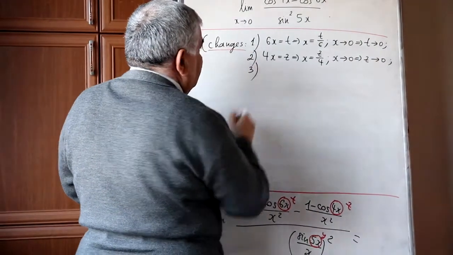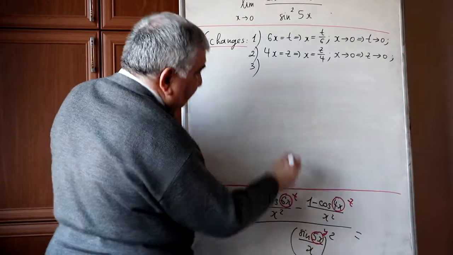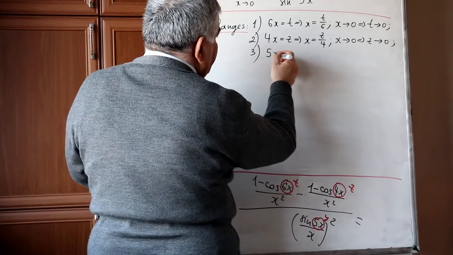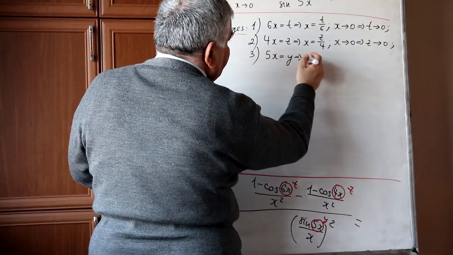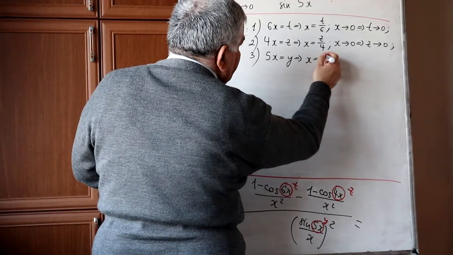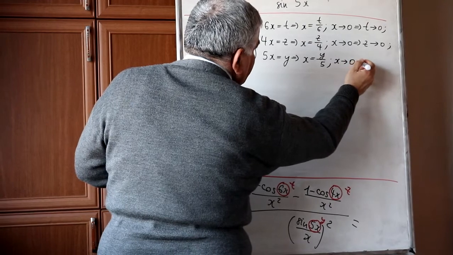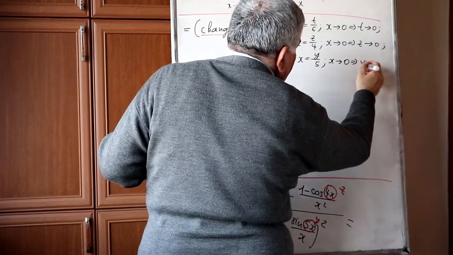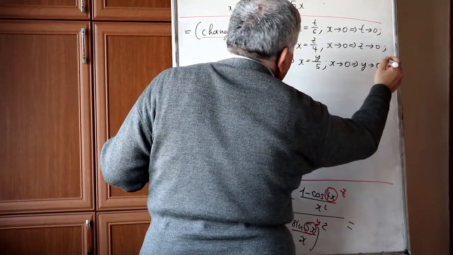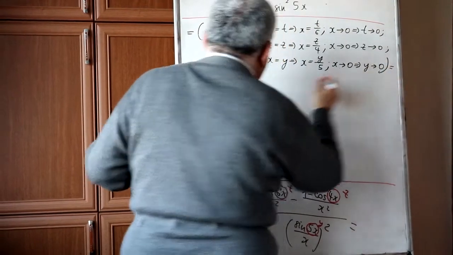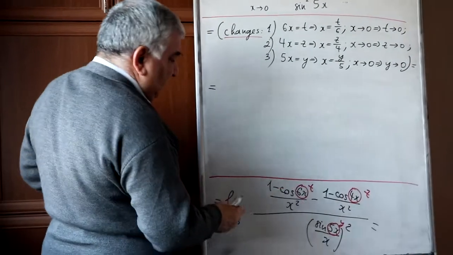And third change, 5x is y. Then x is y over 5. And if x tends to 0, then y also tends to 0. Continue. Here we can separate.